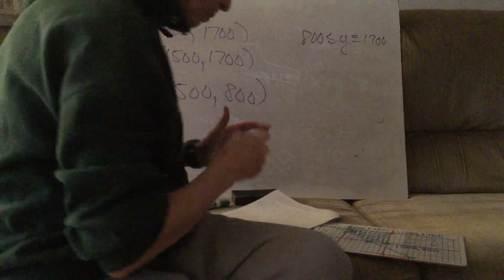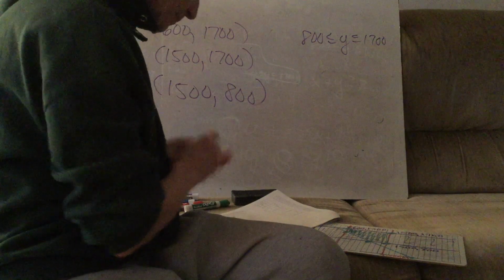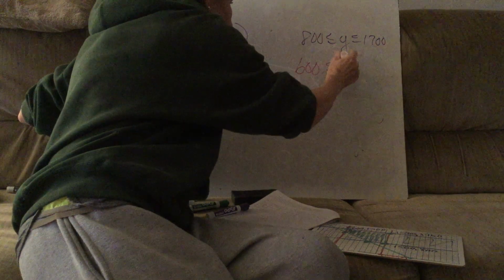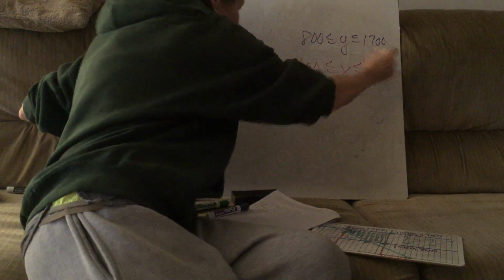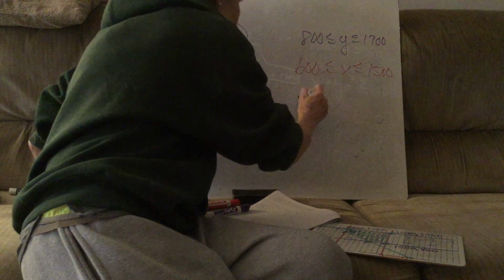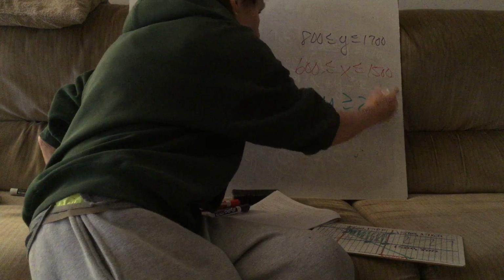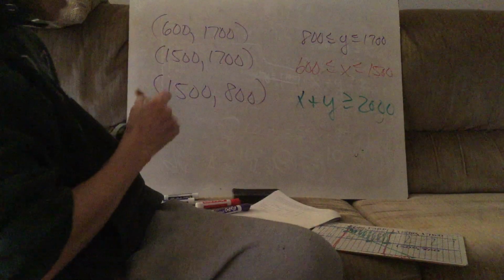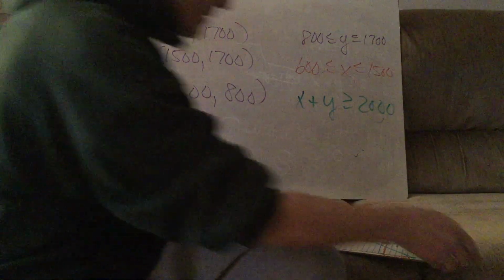And what was my red? My red was 600, 1500. And then my green was x plus y is greater than or equal to 2000. I really need those to help me figure this out. So, sorry about that. There we go.